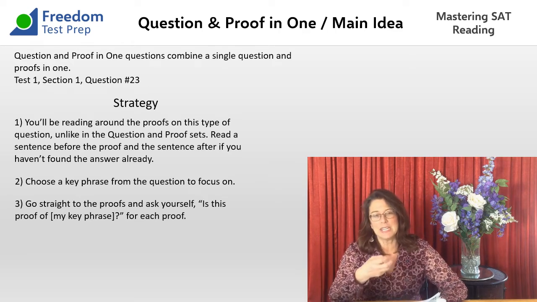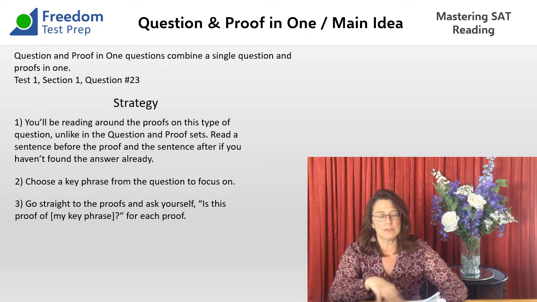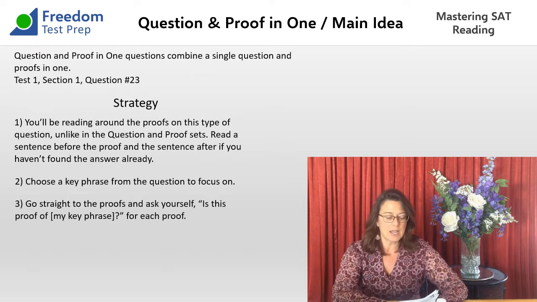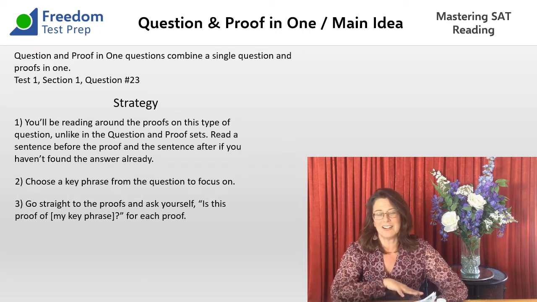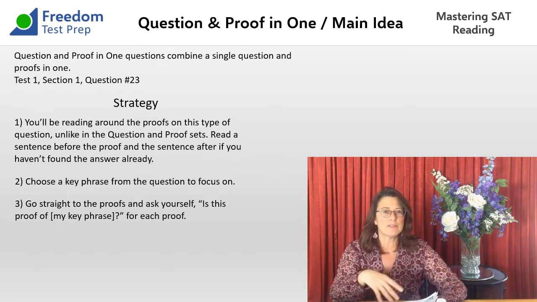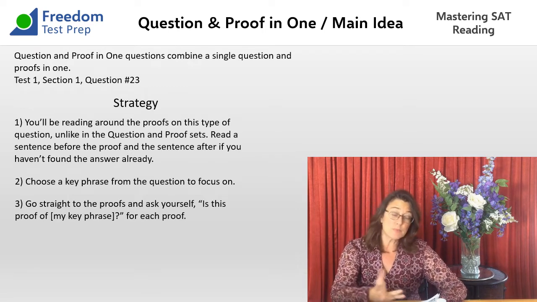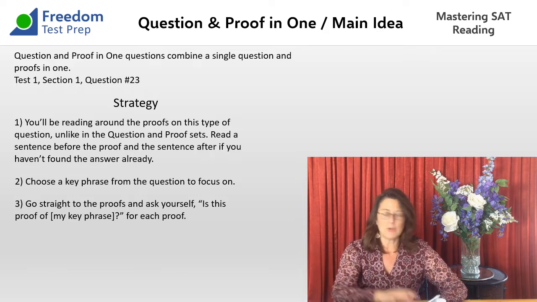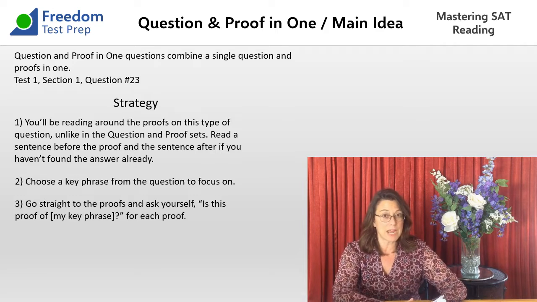I didn't actually need to read around the proof on these. Sometimes the questions are too vague, or the proofs are too vague, and so you need to read for context. But I think these were pretty clear. That's why I mostly didn't read around it. Anyway, that's the only question and proof in one on this test.